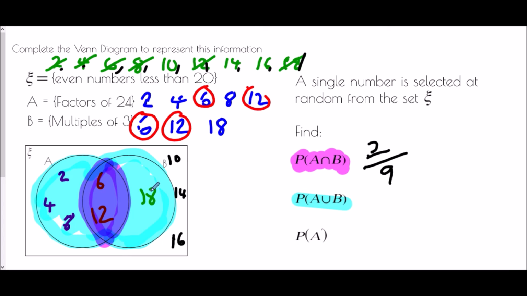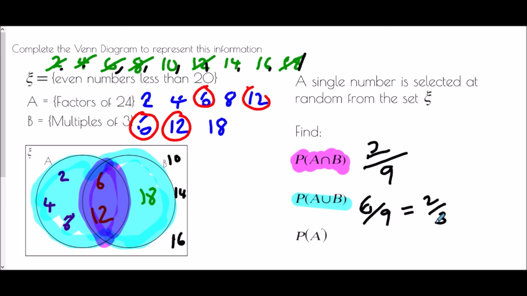All we want to do is once again count how many values that is. We've got 1, 2, 3, 4, 5, 6. 6 different values that work out of 9. We haven't been asked to do it, but we should always try and simplify fractions if we can. That would be the same as 2/3.